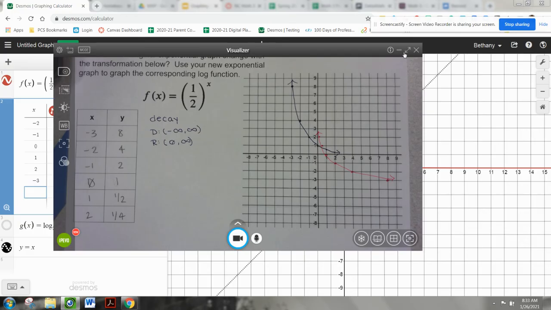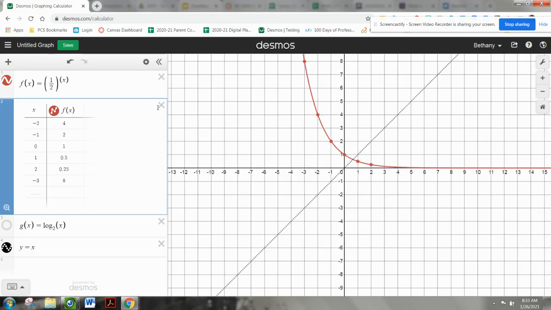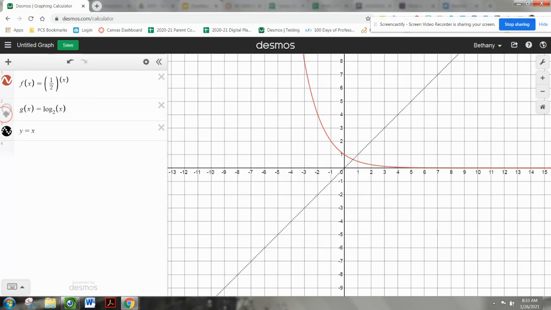And I'm actually going to do a little experimenting here on Desmos. So I know it's not this. Before my base was 2. So what would happen if I put the 1/2 here? Oh, but not like that.